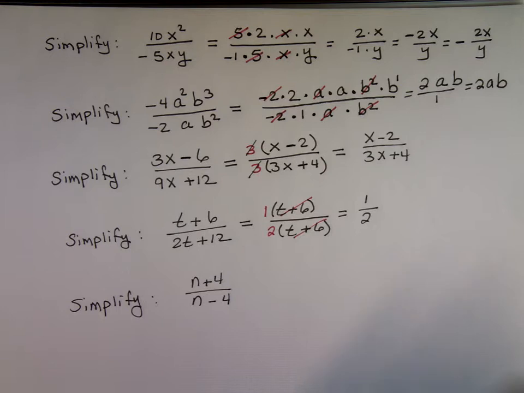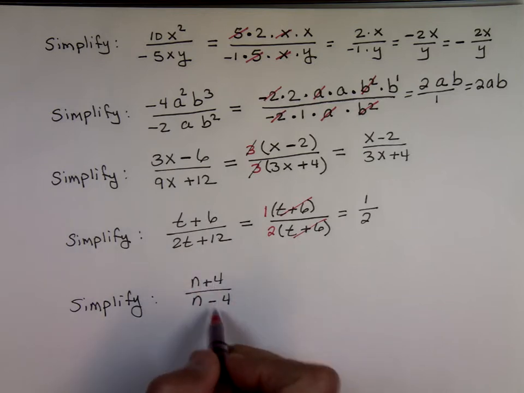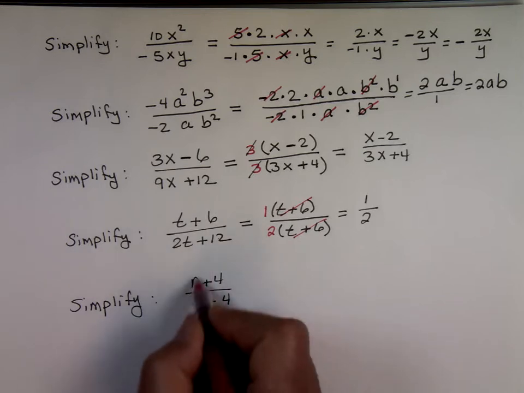How about this one? N plus 4 over n minus 4. Well, here's the good news. There's nothing you can do to simplify this or factor it, neither this one. You can't cancel the n's. They're together.